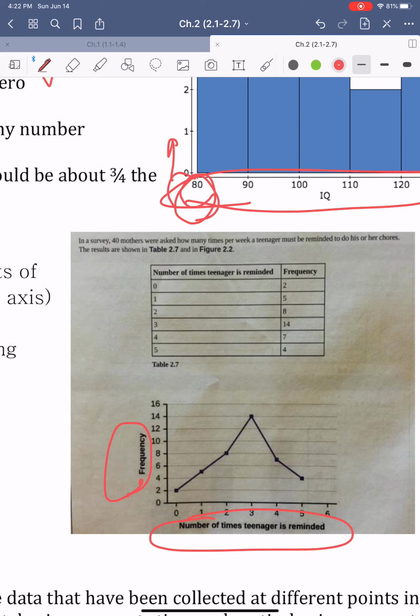We have 0 times, frequency 2; 1 time, 5; 2 times, 8, and so on. So you have 0 and put a dot at 2, and for 1, you have 5 because the frequency is 5. So you locate the dots and then connect each dot to create the line graph.